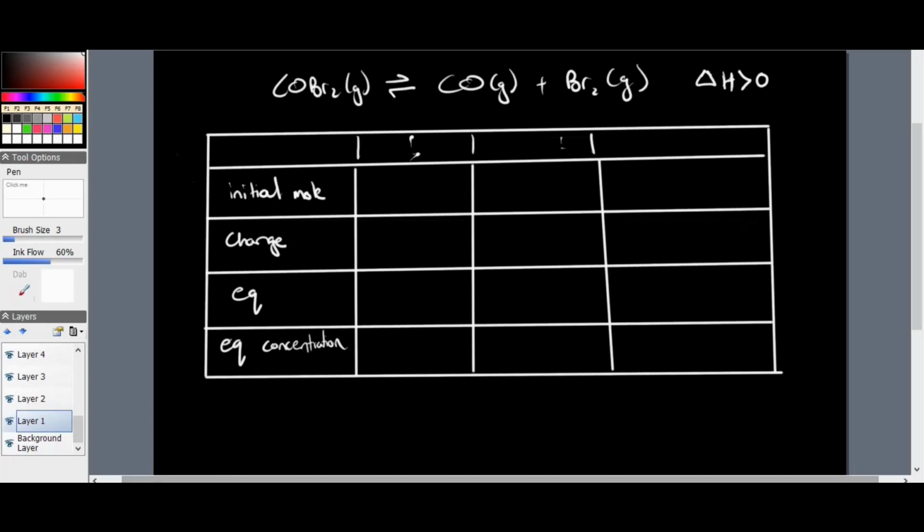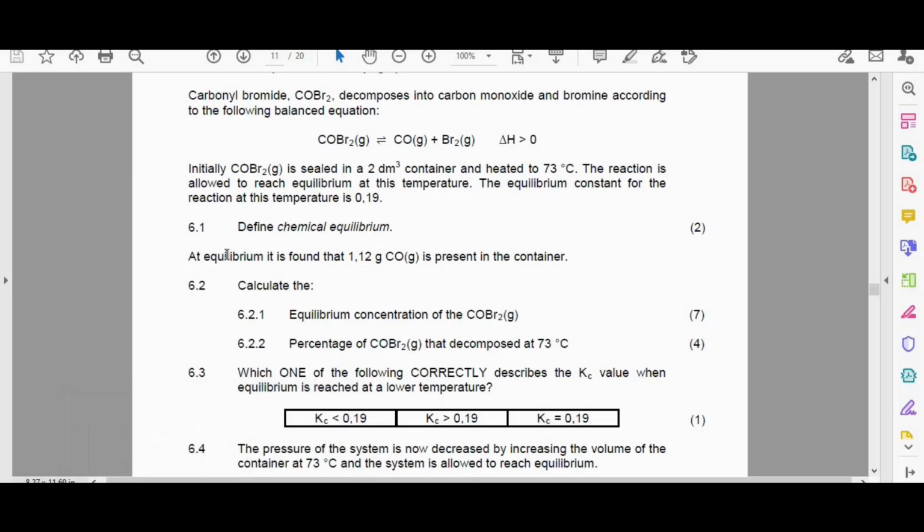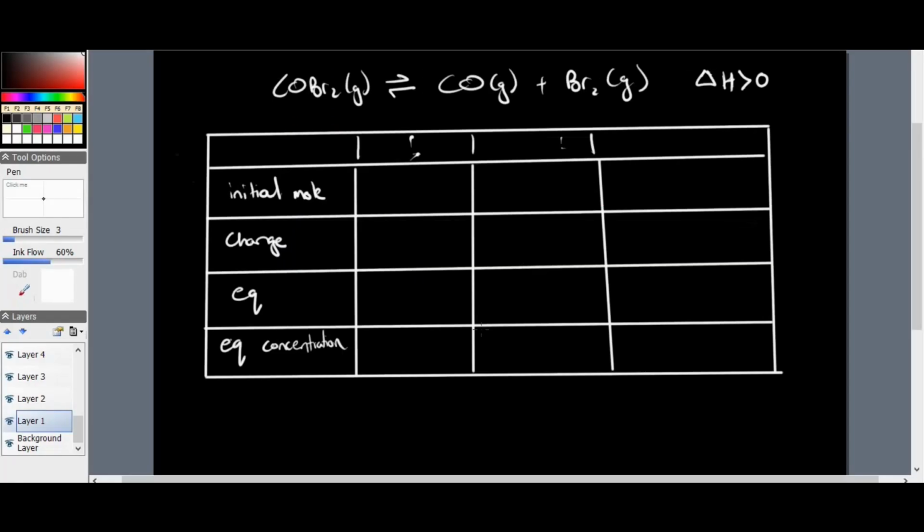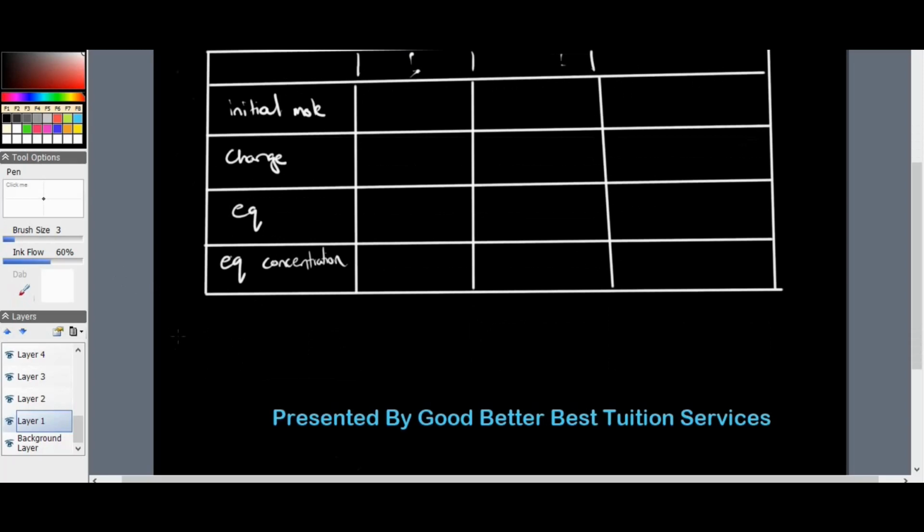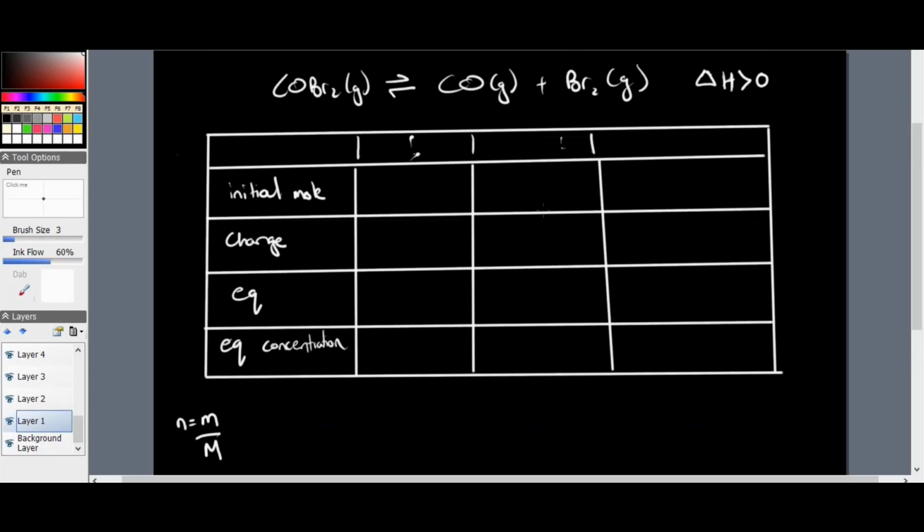So the initial mole we still need to calculate, because it says at equilibrium it's found that 1.12 grams of carbon monoxide is present. If we know the formula for mole, we have n equals m over big M. So we need to first calculate the equilibrium mole of carbon monoxide.